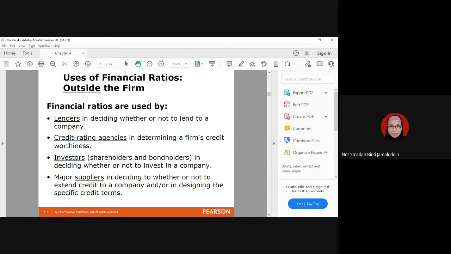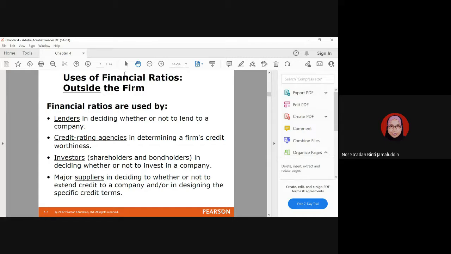Okay, for your information, all the companies that are registered under the SSM or under the Securities Commission should disclose their financial statements on the Bursa Malaysia or Securities Commission website, and all the people that are interested in the firm will know the performance of the company through the financial statements or financial ratios.